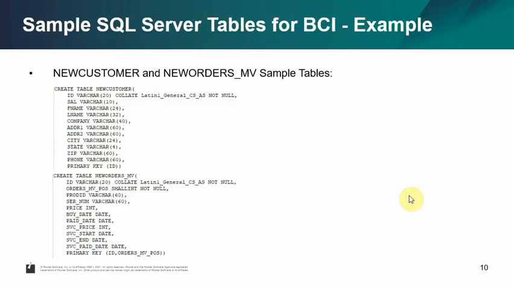For my demo, I already created two tables for BCI, called new customer and new orders MV. It just gives you an idea. These two tables try to compare with the EDA solution.